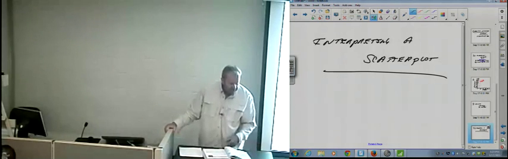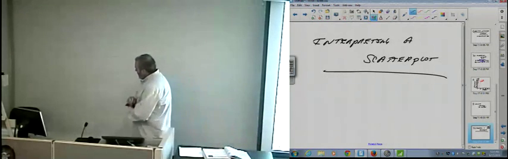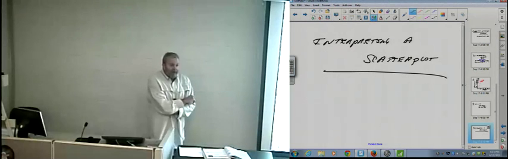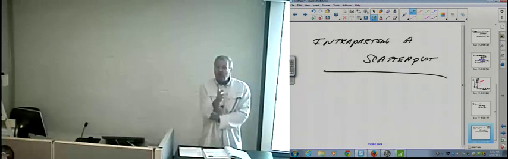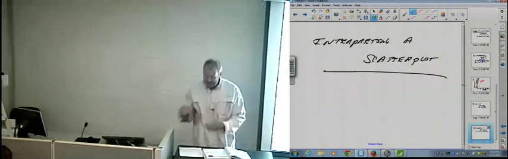There's a little box that's going to tell you this. I like to do it like this. I'm going to break it up into two pieces, the overall pattern and then the striking deviations.